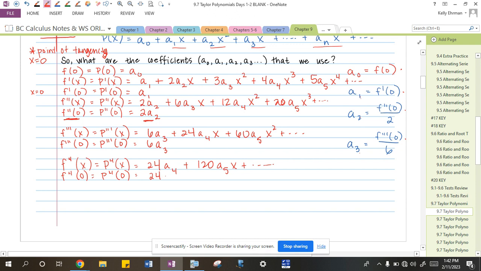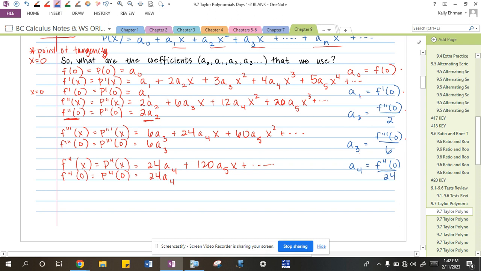And you're just left with 24 a sub 4. So a sub 4 is equal to, oops, I wrote p sub, I meant f, the fourth derivative of f at 0 over 24.